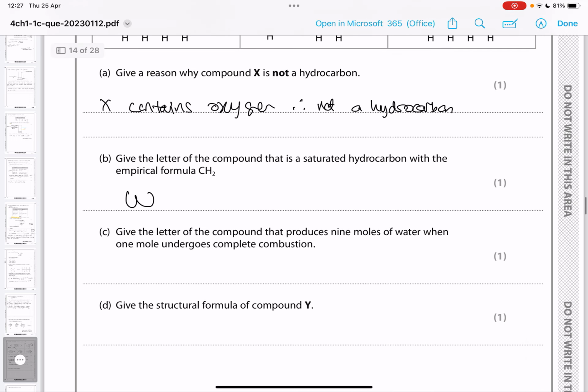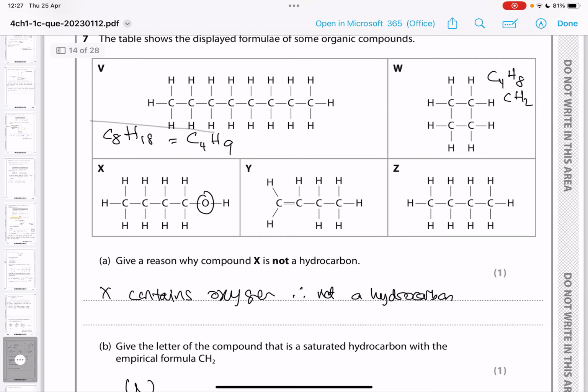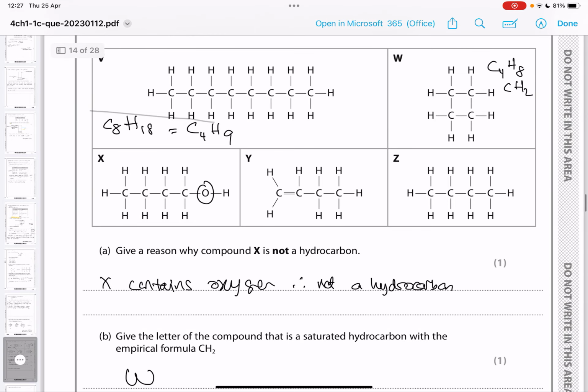Okay, next question. Give the letter of the compound that produces 9 moles of water when 1 mole undergoes complete combustion. When it reacts with oxygen, it should produce 9 moles of water. So if we write the chemical equation for some of these compounds, if we start off with V, C8H18 reacting with oxygen.